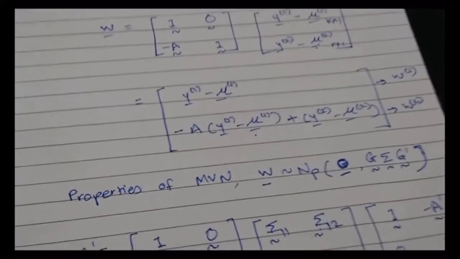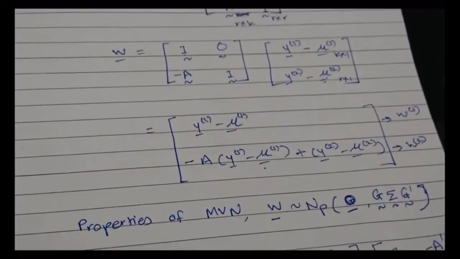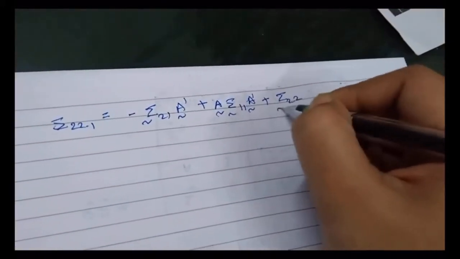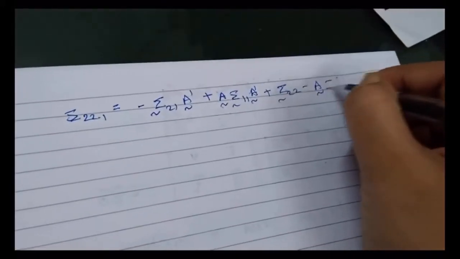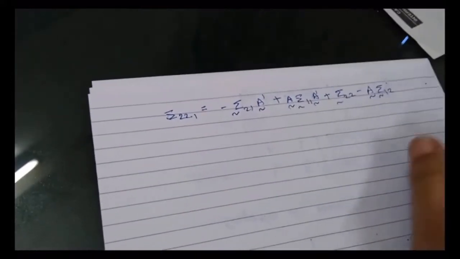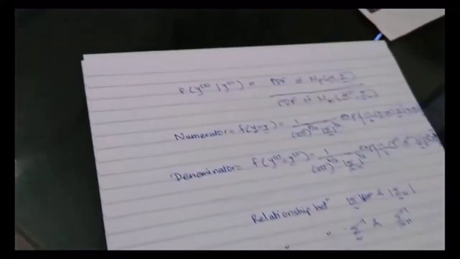Then the next term is going to be this into I. So just sigma 22 minus A sigma 12. So plus sigma 22 minus A sigma 12. Okay. So right now I don't know what this is. Let me keep it as it is. This is my distribution of W.